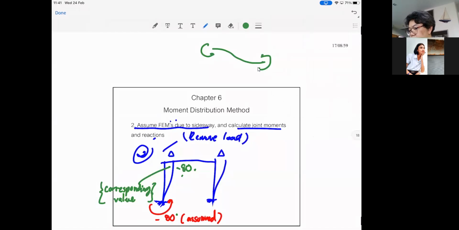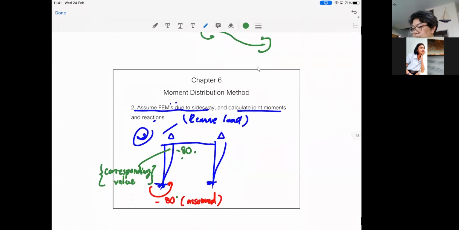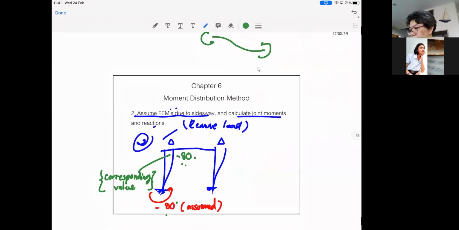So it's back here. Okay. Again, if you begin with this number, it has to be the same because of the relationship of the end moments in the member. And next, because if this is delta, this is also delta, right?